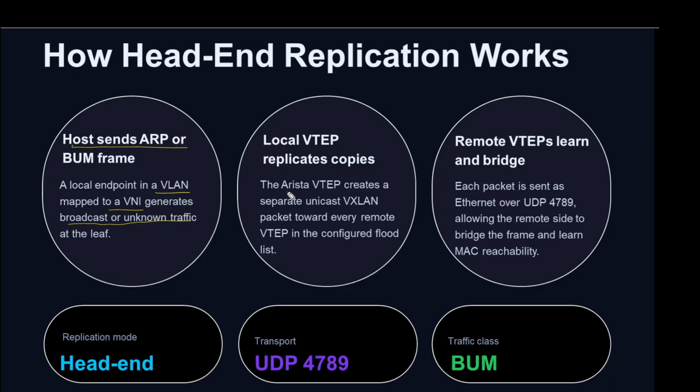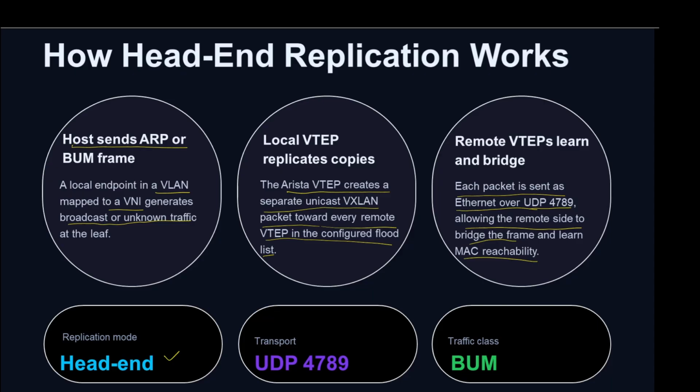The local VTEP will then create a separate unicast VXLAN packet towards every remote VTEP in the configured flood list. And the flood list is something that we configure statically under the VXLAN tunnel interface, hence the term static flood list. Each packet is sent over port 4789, allowing the remote VTEP to bridge the frame and learn MAC reachability. That's what we call head-end replication.